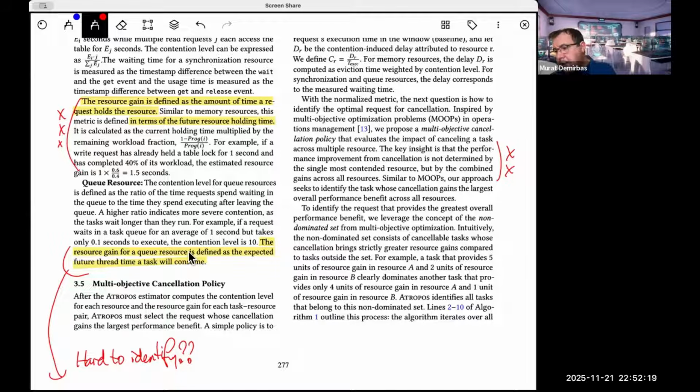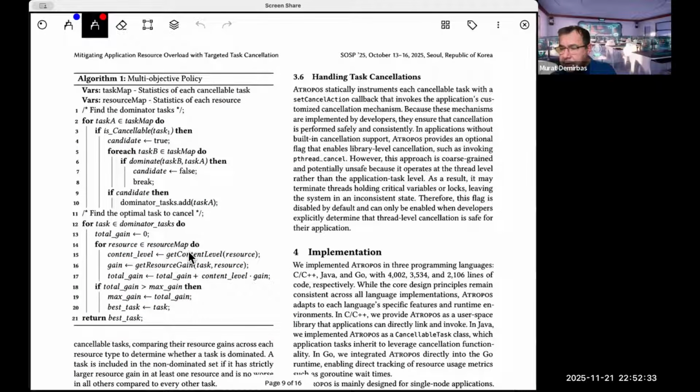Non-dominated set, isn't it the dominating set? What does non-dominated set mean? Lines 2 to 10 of Algorithm 1 outline the process. That's literally the dominator tasks. Why do you call it non-dominated task then?